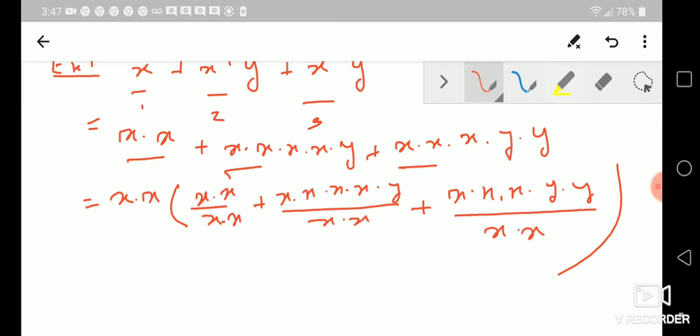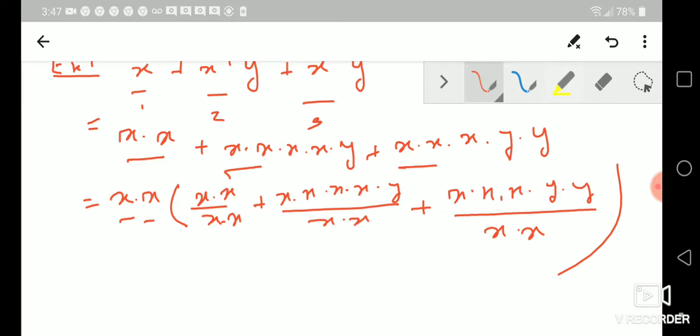To write it into multiplication, we have to divide all the terms by the factor. In our case, the factor is x dot x, and we will divide all the terms by x dot x, and we'll get the final answer.